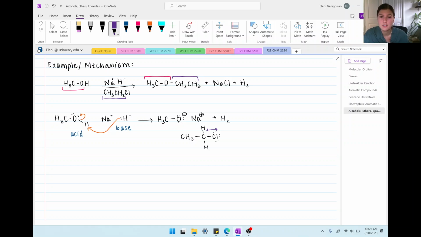That makes it an electrophilic carbon. This is where a substitution reaction can take place. So this is what's going to happen here, where we have the nucleophile, so the oxygen with a negative charge, willing to give away electrons, and the chlorine, a good leaving group, willing to leave and take the electrons in that bond. So now we have a substitution reaction here.